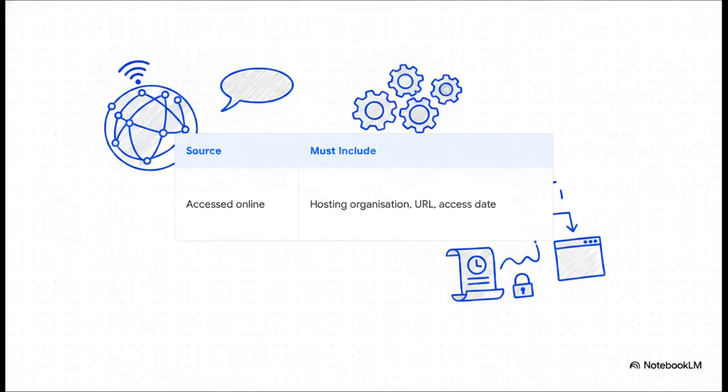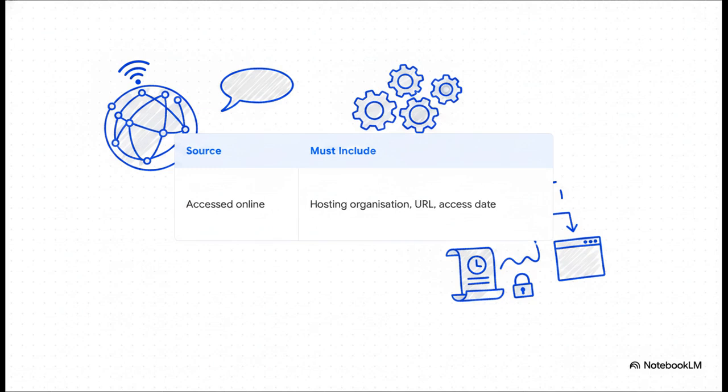Moving right along to Section 2, Digital and Alternate Sources. Let's be honest with ourselves. In modern research, you are very rarely sitting in the actual audience taking shorthand notes. You're likely accessing these speeches after the fact, which brings up a whole host of modern what-ifs. If you're listening to or reading a speech on the internet, the machinery of your citation needs a few extra parts. Basically, if your source is accessed online, then you must include the hosting organization, the URL, and the access date when required.